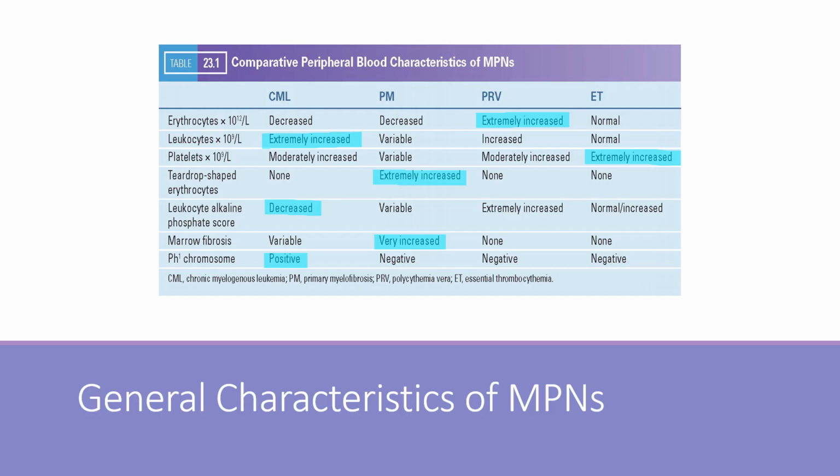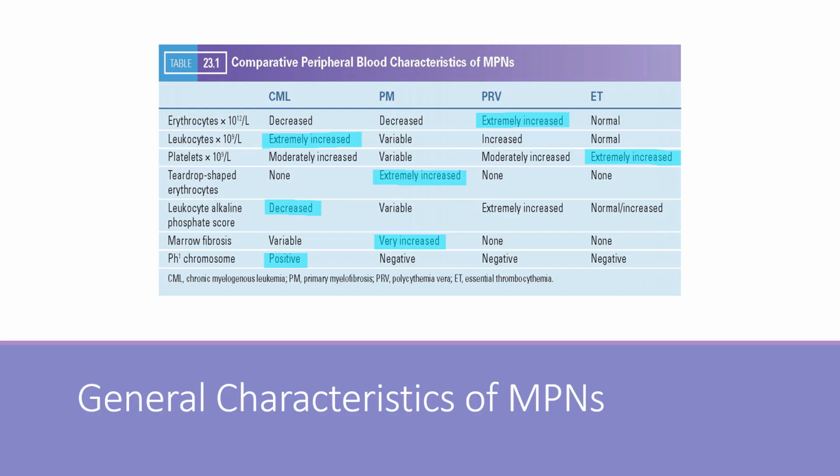All right, primary myelofibrosis. Well, we are going to have a decreased erythrocyte count, so our red cells are going to be low. Platelets and leukocytes are variable. It really, again, depends on how advanced the disease state is. One of the hallmark cells of primary myelofibrosis are teardrop-shaped erythrocytes.